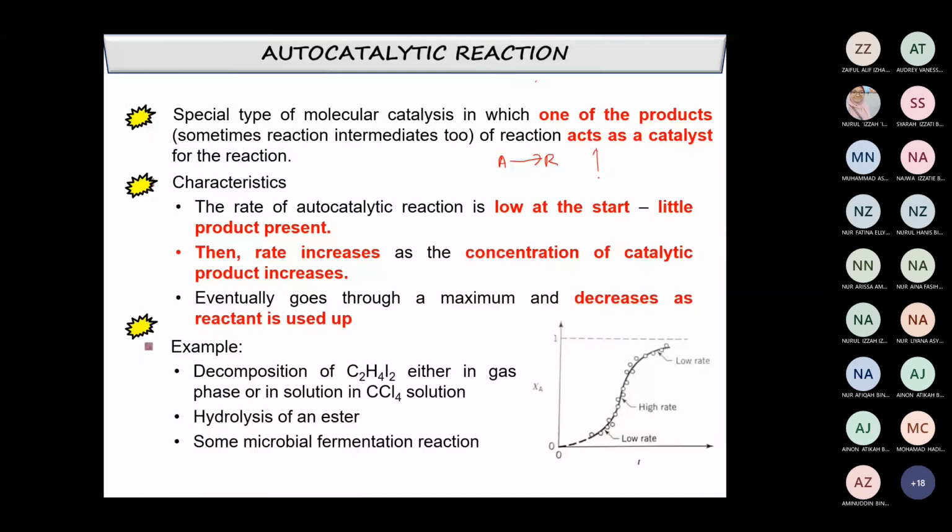Sama ada dia A is equal to R plus R. Okay, part of the catalyst dia akan jadi product juga. So dia akan jadi A towards to catalyst, at the same time dia akan produce juga product yang sama. Okay, which one of the product? Okay, this is one of the product lah. Okay, act as a catalyst, this is R. Okay, catalyst kan selalu duduk kat atas ni sebab sebenarnya catalyst ni dia tak mengganggu mass balance.